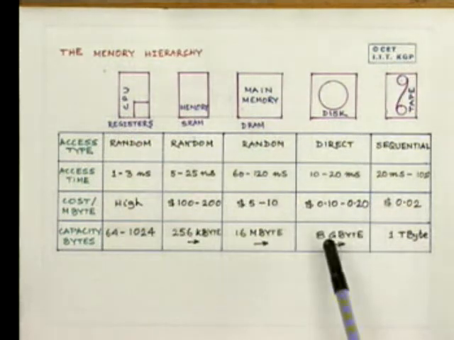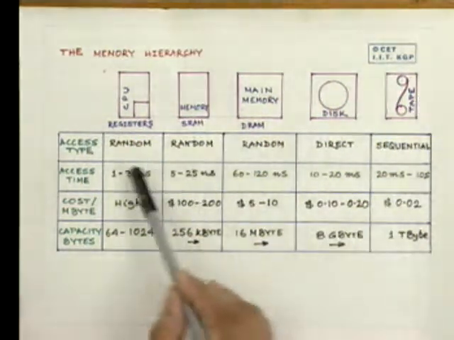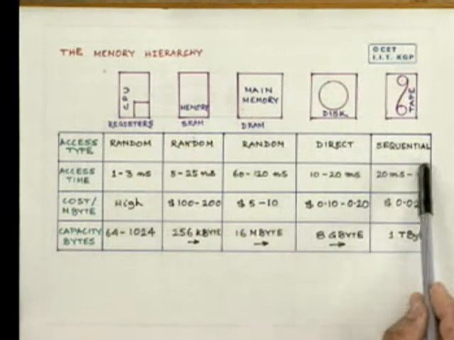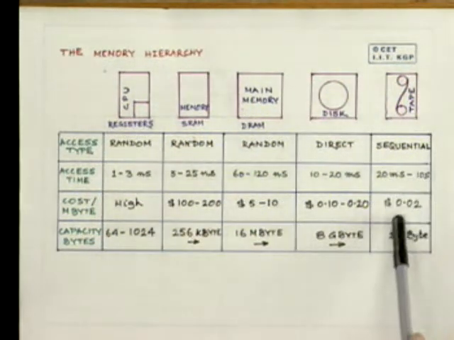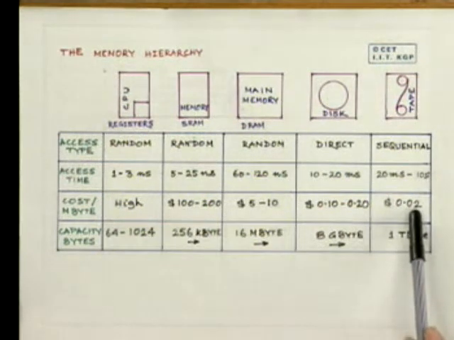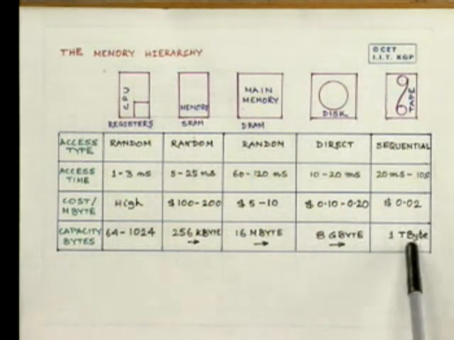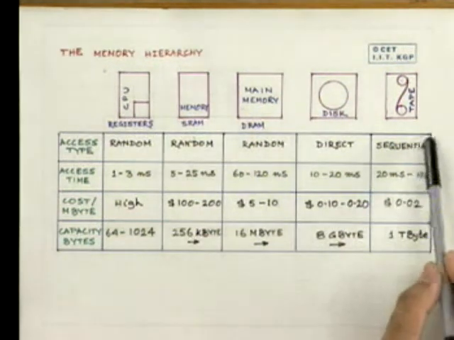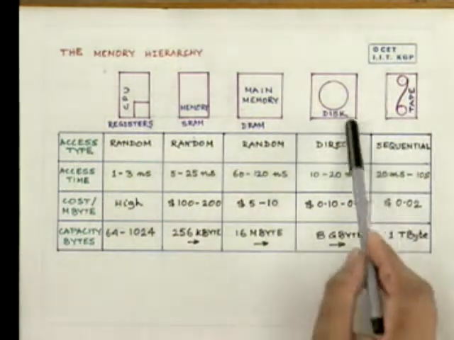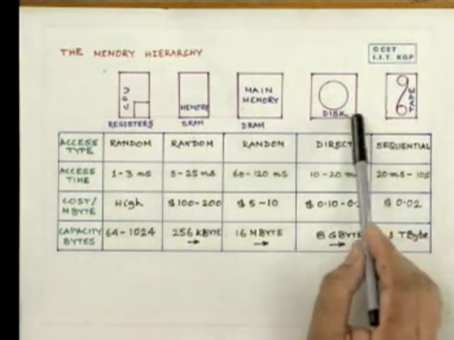Now the tape, the access type is sequential. The access time is pretty high, 20 milliseconds to 10 seconds. The cost per megabyte is very low, and the capacity can be 1 terabyte onwards. Generally this tape is used as a backup of the disk, as an archive.